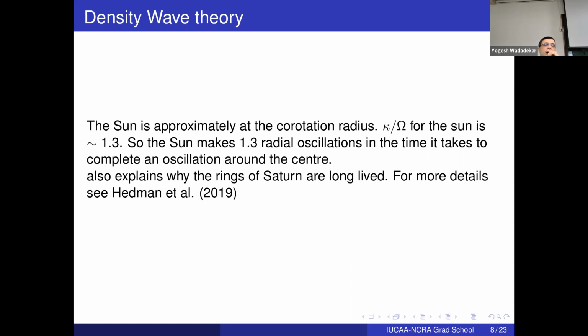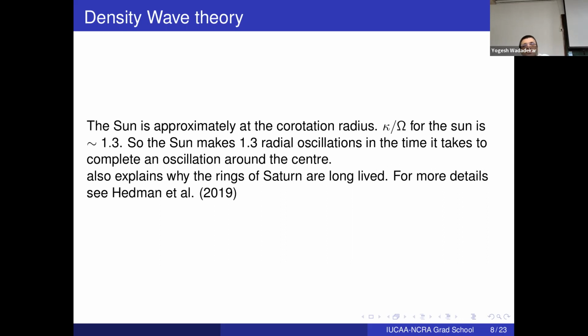Okay. And do you know how long it takes to do one revolution around the center? 250 million. Sorry? 250 million. 50 million. No, it's more like 200 million years. Okay, 200 odd, a little bit more than that.